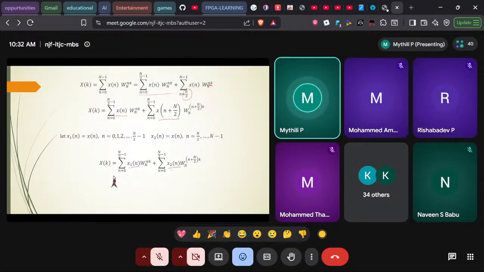Now we are going to explore how the even samples of the spectrum are going to look like and how the odd samples of the spectrum are going to look like. To find the even parts of the spectrum, wherever we have a k, we replace it by 2k. For the odd part, we replace it with 2k plus 1.